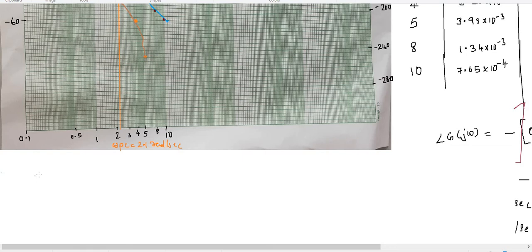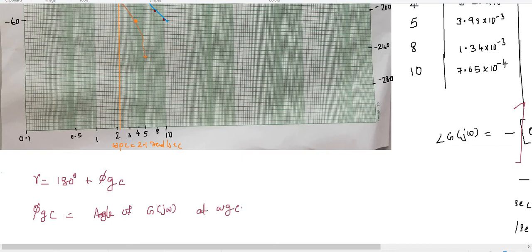the phase margin gamma is equal to 180 degree plus phi gc. What is phi gc? Phi gc is the angle of g of j omega at omega gc. What is omega gc?